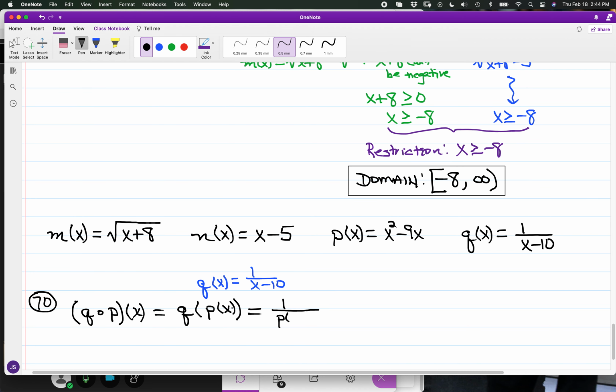Again, P of X represents the input. And for P of X, you have X squared minus 9X. I'm just going to add parentheses to emphasize that X squared minus 9X refers to P of X.